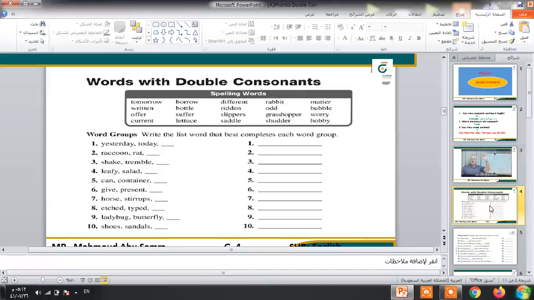Do you know lettuce? Yes, it's a kind of vegetable which we put on salad. Different, ridden. Ridden, it's the past participle of ride. Ride, rode, ridden. Slippers, saddle.